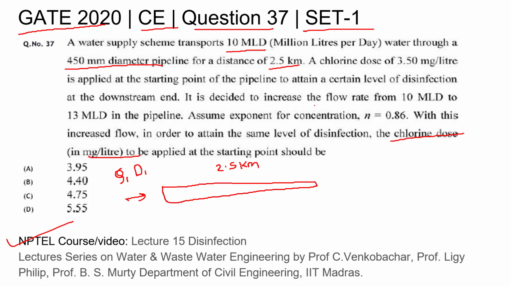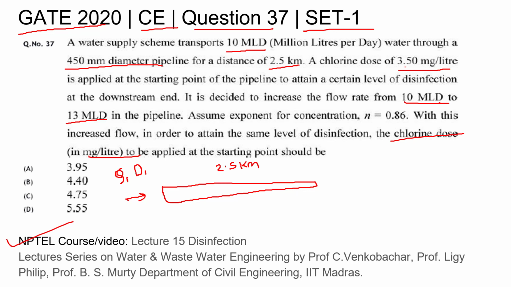So a chlorine dose of 3.5 mg per liter is applied at the starting point of the pipeline to attain a certain level of disinfection downstream, and it is decided to increase the flow rate from 10 MLD to 13 MLD.